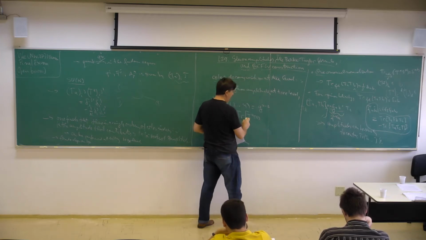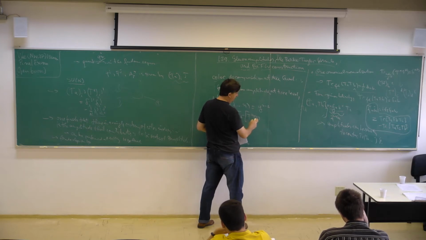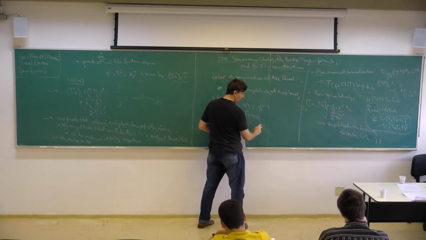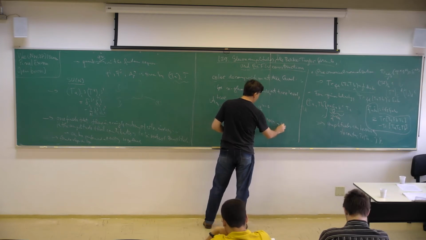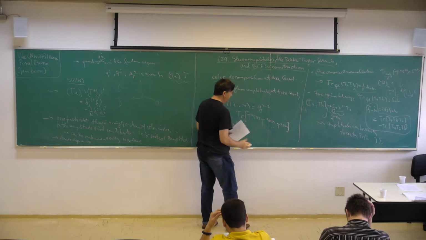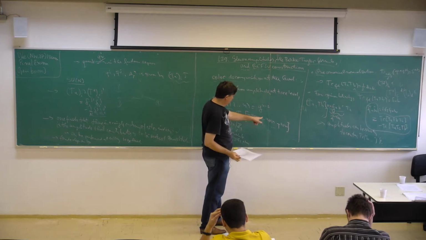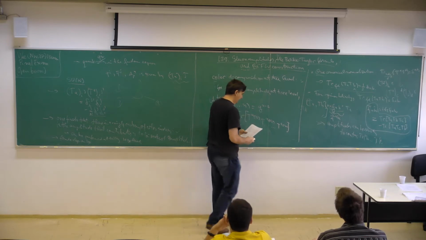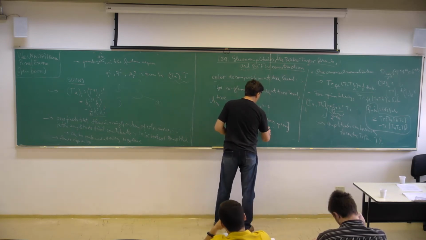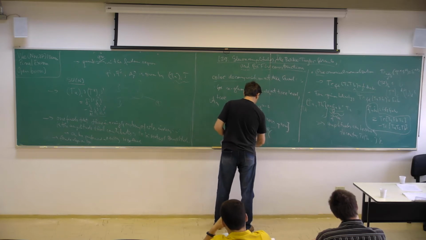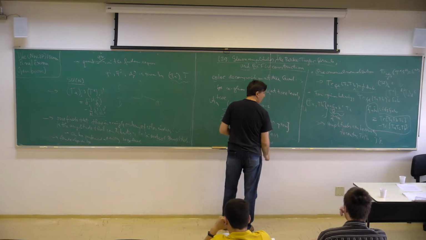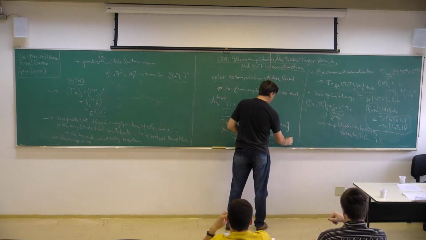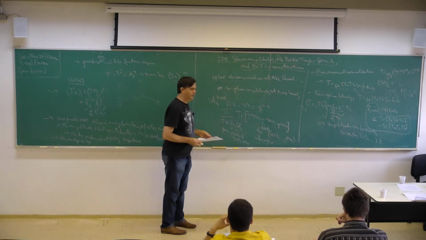I have a trace of products of generators Ta, but the indices are permutations of the indices 1 through n. So Ta sigma 1, Ta sigma 2, until Ta sigma n. As I said, the trace is cyclic, so the permutations are only defined modulo the cyclic ones. And in here we write this color ordered one, but then inside it we sum over permutations.